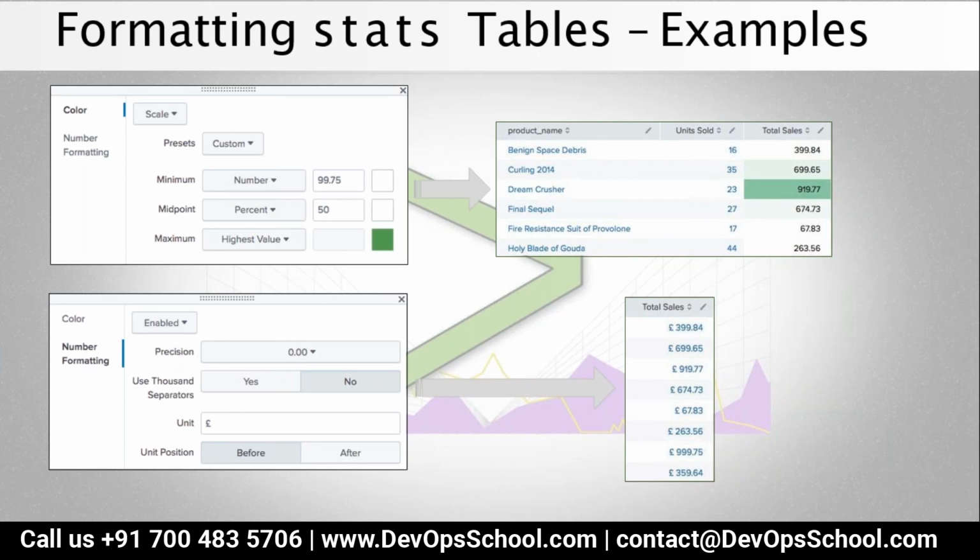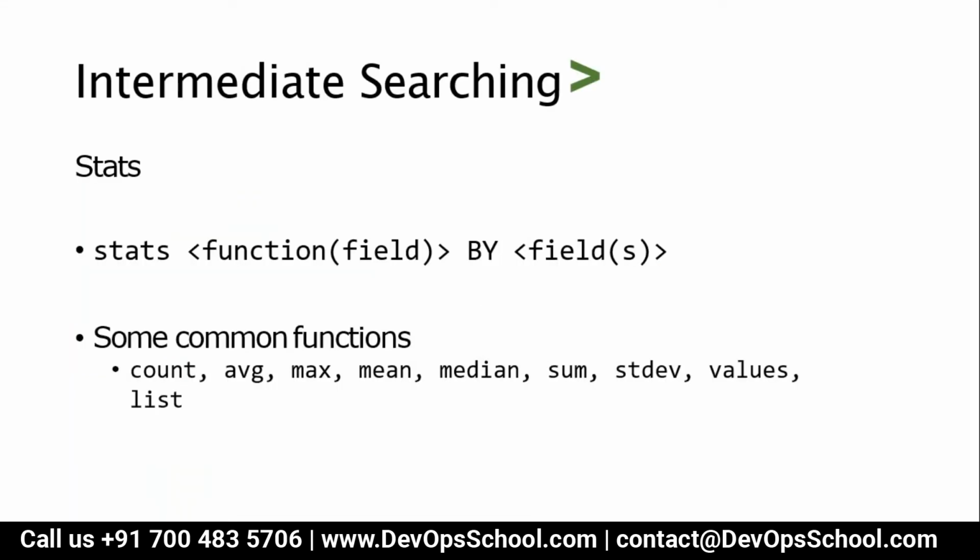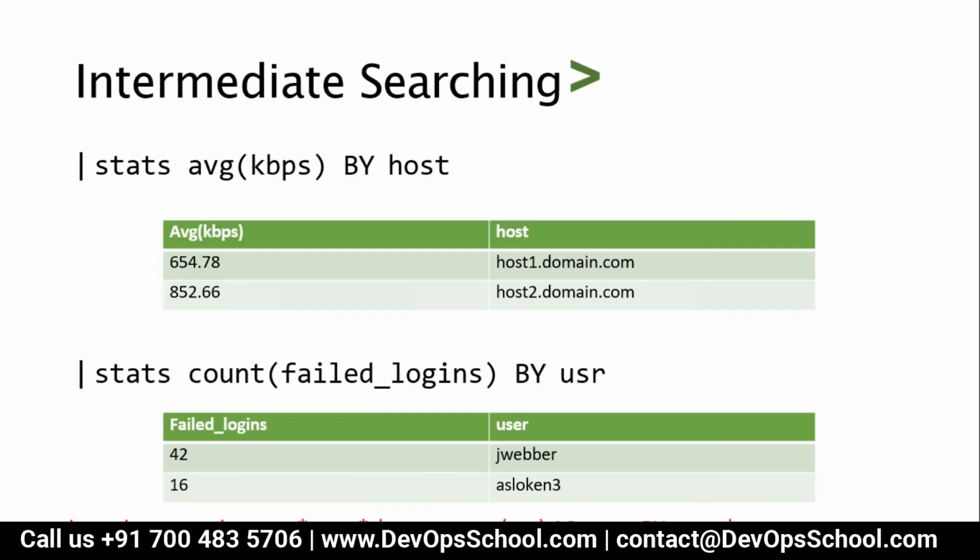So two options are given on the generated stats table, color or number formatting. Overall, yes, these are the intermediate searching techniques. Stats is the most powerful command in intermediate searching. Some of the things we have used are count, average, max, values, list and so on, but many more functions are given that we can study.